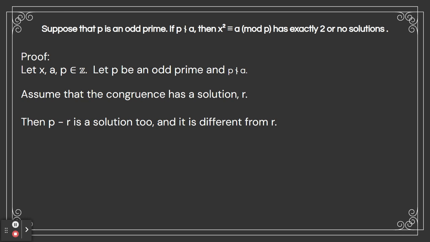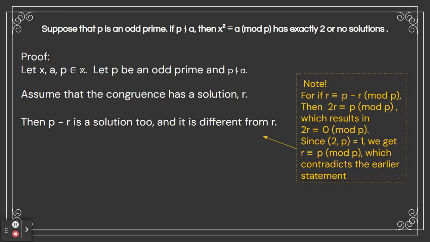So we can also assume that P minus R would also be a solution, and it would be different from R. I do have a quick note about this so we can kind of take a moment and breathe and we can see why this is true. If R was congruent to P minus R mod P, then you can add R on both sides. We would end up with 2R is congruent to P mod P. We wouldn't generally write it as a residual of P, so we would change it to a 0.